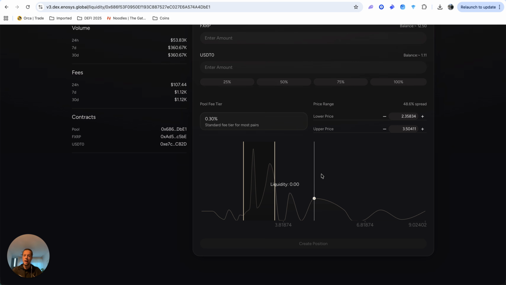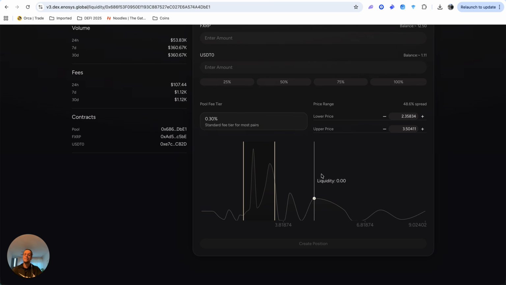So you will have to deploy 50% in FXRP and 50% in USDT. But if you have in your wallet, for example, only FXRP, then essentially you are going to be selling half of your FXRP to USDT0 just to deploy into this pool, which may not be a good idea based on the current XRP price.